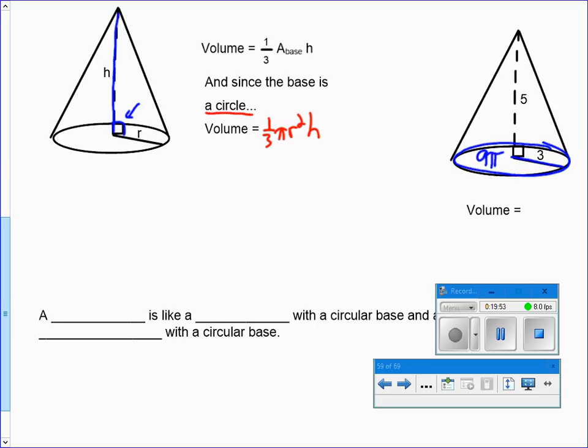Then we're going to multiply that by the height and by 1/3. So volume would be 1/3 times 9 times 5. 1/3 of 9 would be 3, and 3 times 5 would be 15. So we have 15 pi as our volume.